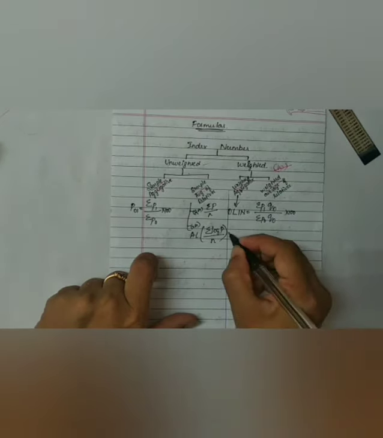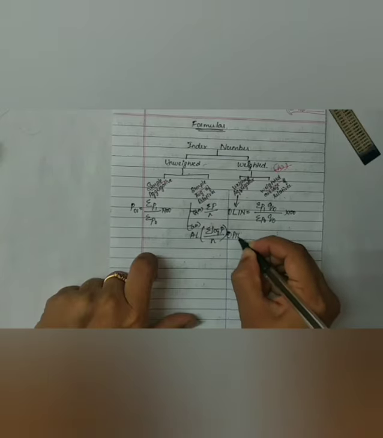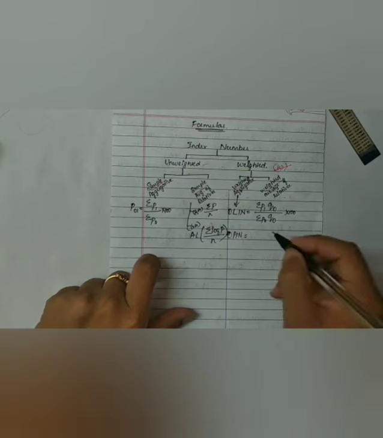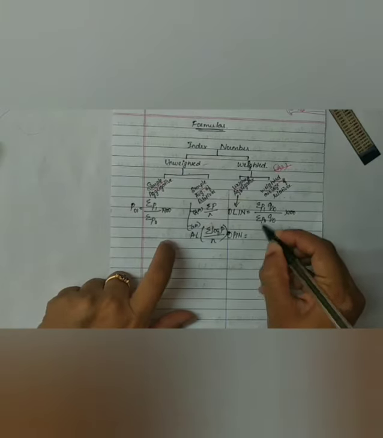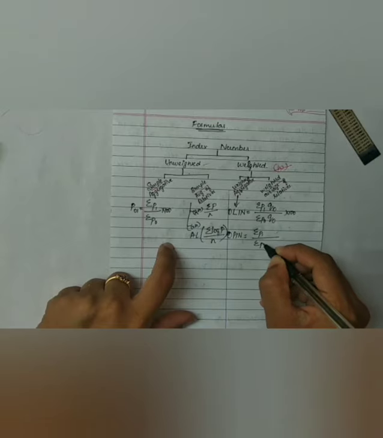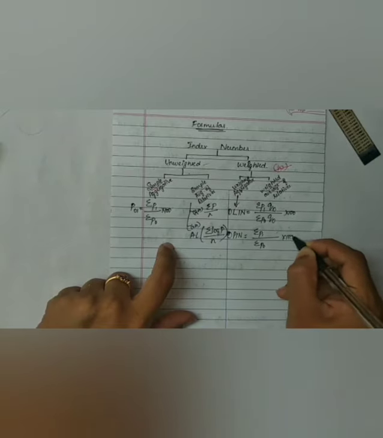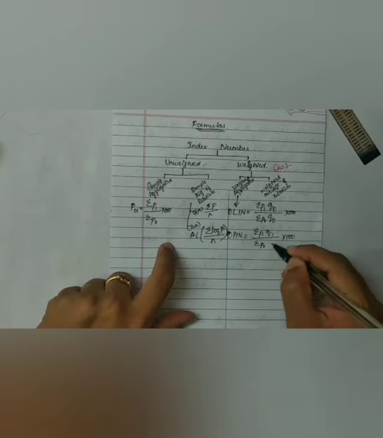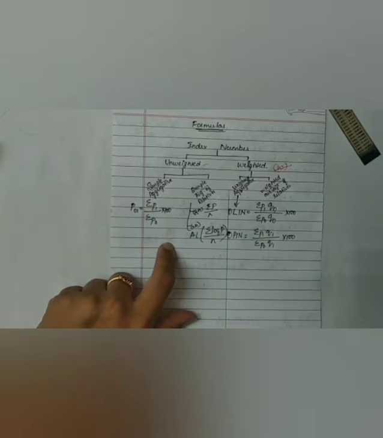Okay, so the second one is Pin. So what is Pin now? Paasche index number. So here again same formula, summation P1 divided by summation P0 into 100. Earlier we used base year quantity, now we are using current year quantity. That's it.